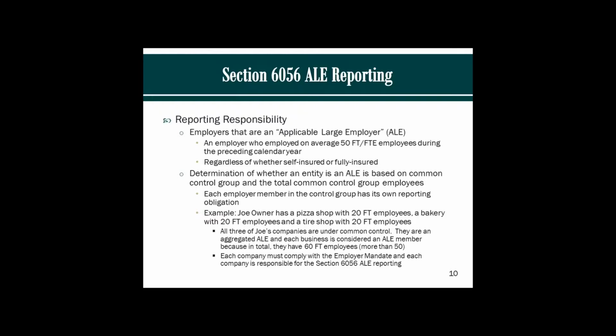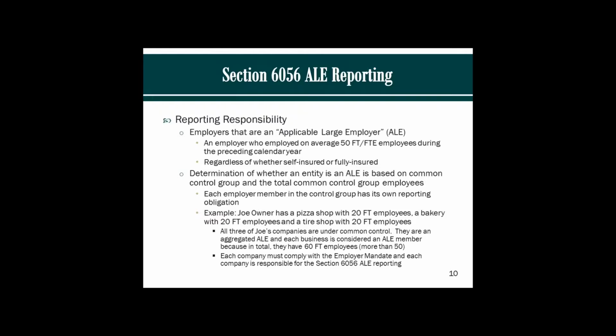And so we have a brief example here. We've got Joe, and Joe's pretty industrious. He has a pizza shop that has 20 full-time employees, a bakery with 20 full-time employees, and a tire shop with 20 full-time employees. Now, if we looked at each of Joe's companies individually, we'd say, well, none of them has 50, so he's not responsible.